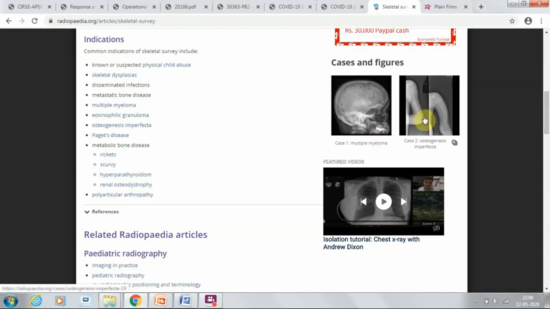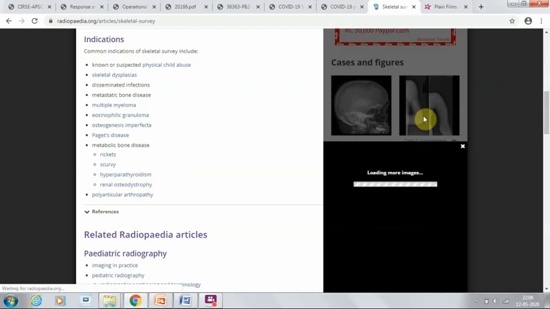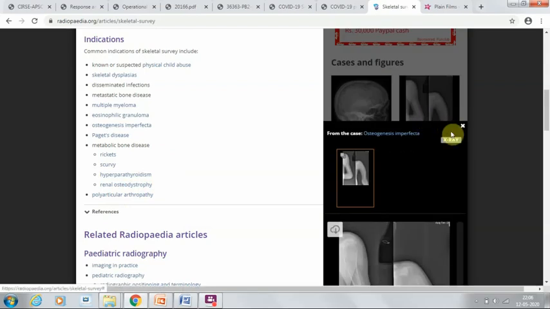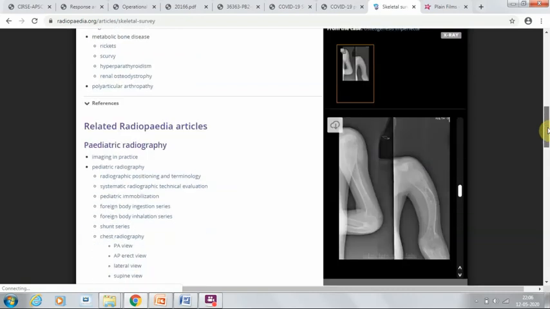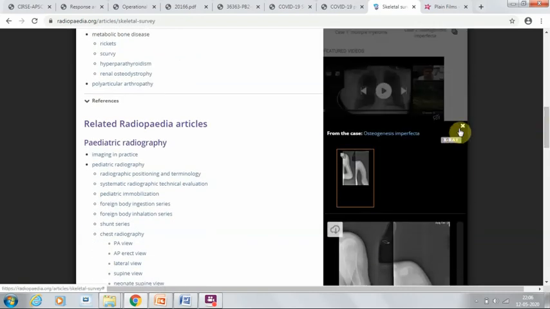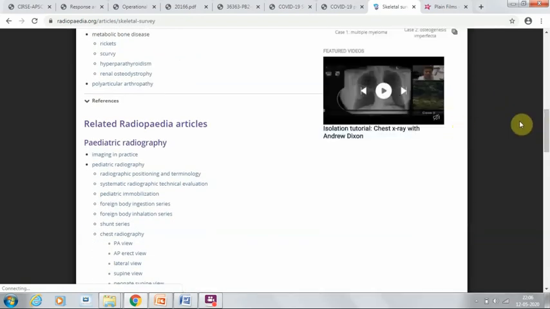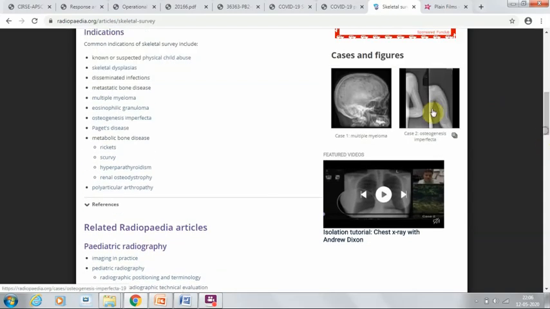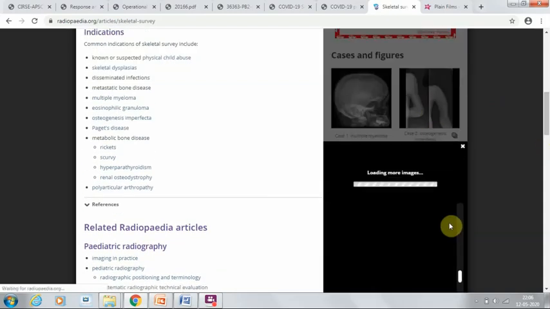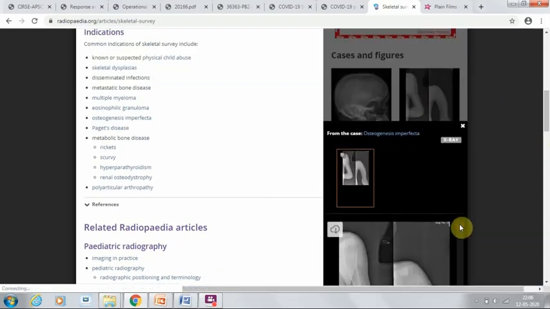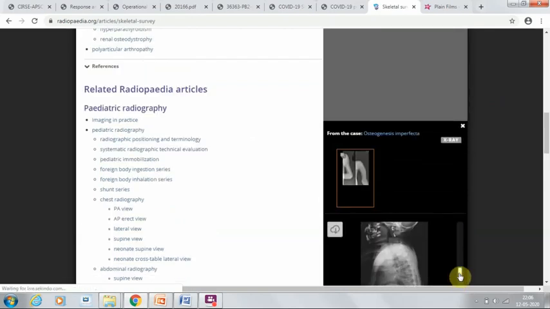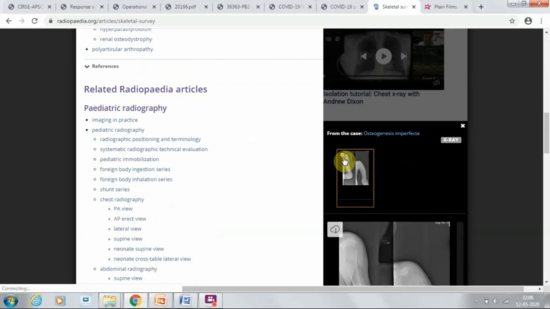Few example images I'll show you here. You can see this is the radiography, the different radiographs which are taken.